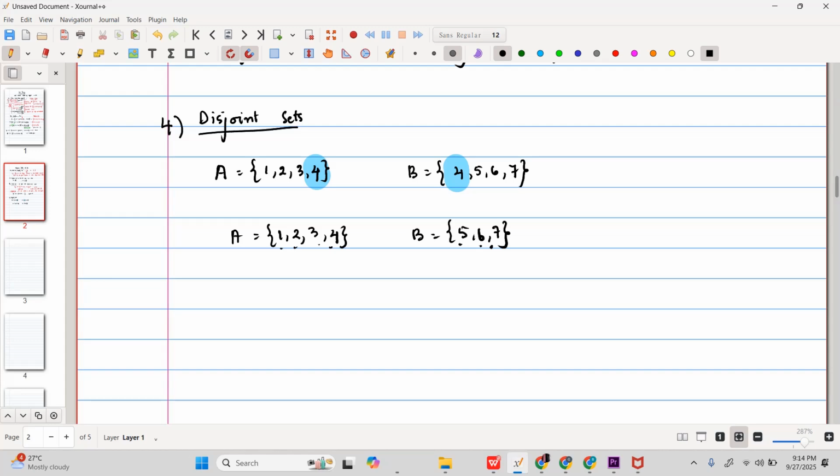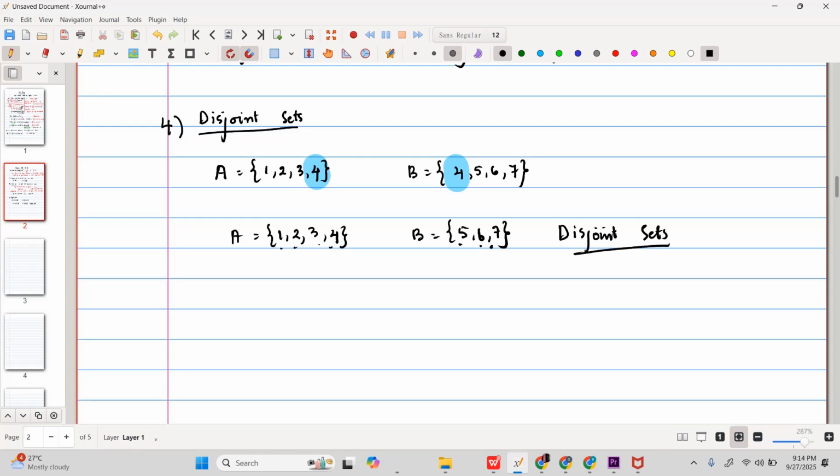So there are no common elements, and A and B are disjoint. If there are no common values between them, then we will say that the sets are disjoint sets.